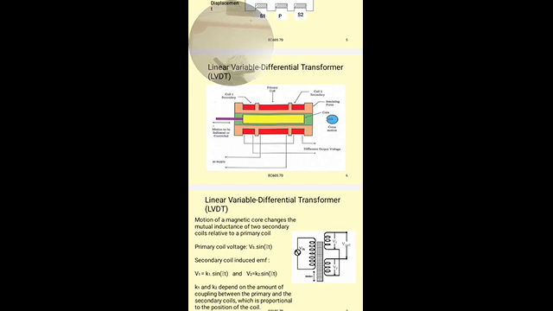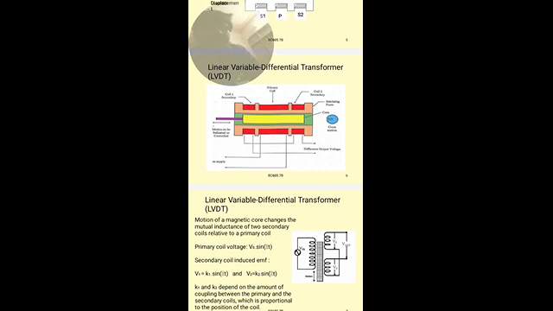Here the two secondary windings have an equal number of turns and are connected in series opposition, so the output voltage is the difference of the two secondary winding voltages Vs1 and Vs2. When the core position is at the center, that is called the null position, or central position. Initially the soft iron core remains in the exact center of the former.